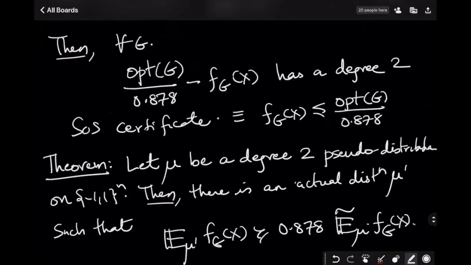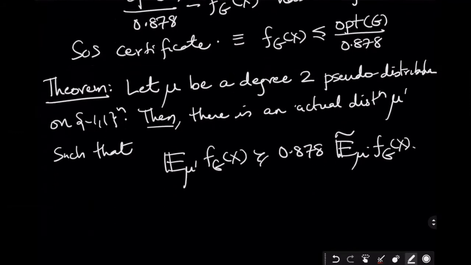Certificates of non-negativity of opt(G) over 0.878 minus F_G is the same as saying that I have a certificate that F_G(X) is at most opt(G) over 0.878. And so let's first see why this rounding theorem, which I have not yet explained why I'm calling a rounding theorem, implies that F_G(X) is at most opt(G) over 0.878, or why this in fact has a degree 2 SOS certificate.